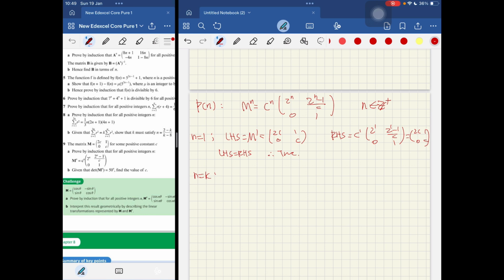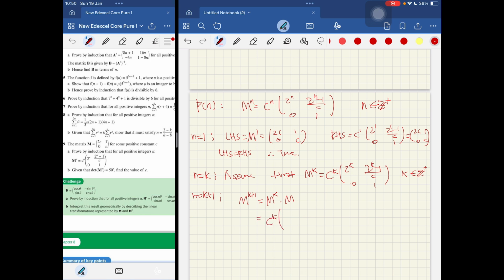When n equals k, assume that m to the power of k is c^k, 2^k, 2^k minus 1 over c, 0, 1, where k is in z plus. Now m to the power of k plus 1 means m to the power of k times m.